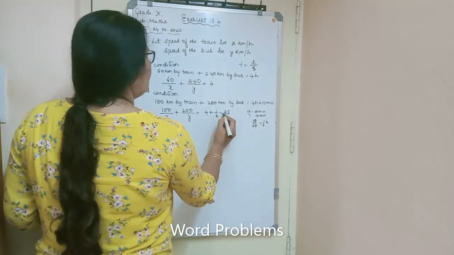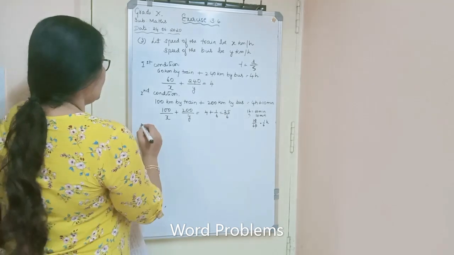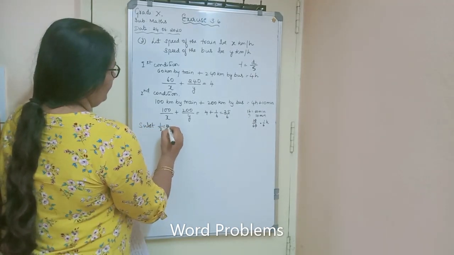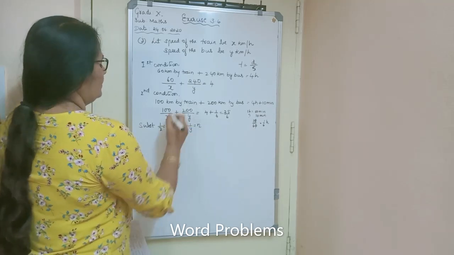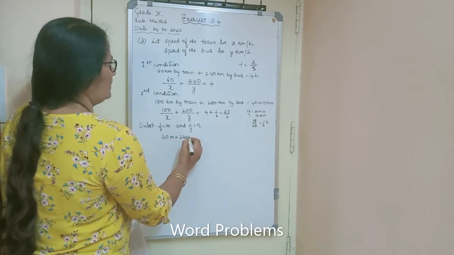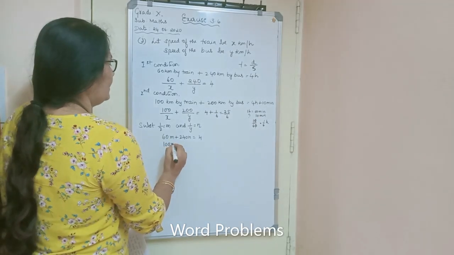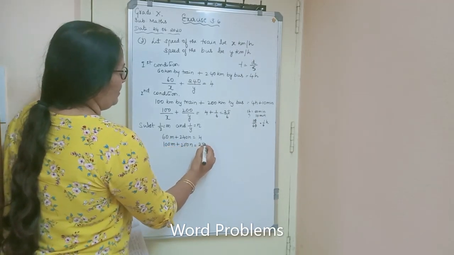Now in both these equations 1 by x and 1 by y are common. So substitute 1 by x as m and 1 by y as n. So then you'll get 60m plus 240n equals 4, and the second equation is 100m plus 200n equals 25 by 6.